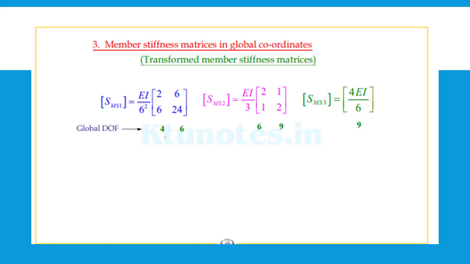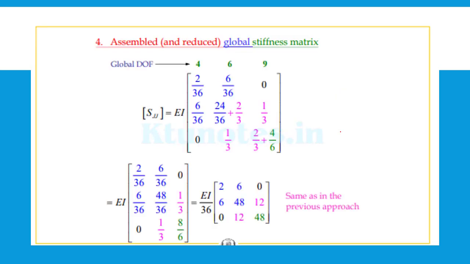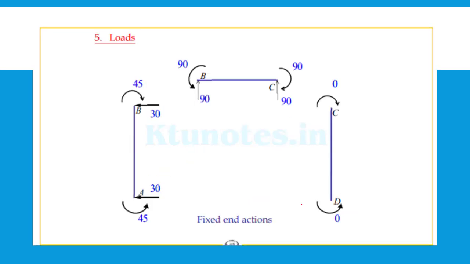We are taking S1 as 4 and 6, and S2 as 6 and 9, in the global degrees of freedom. So we are only assembling at the global level. 4, 6, 9, getting the value as EA by 36 into 260, 648, 12, 0, 12, 48. It's the same as in the previous approach.